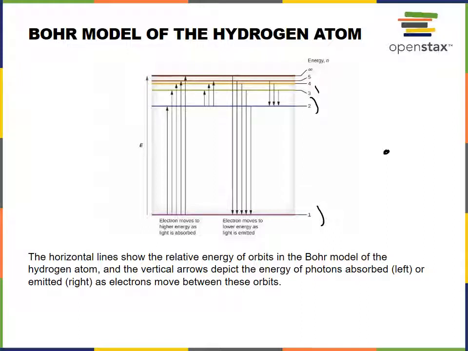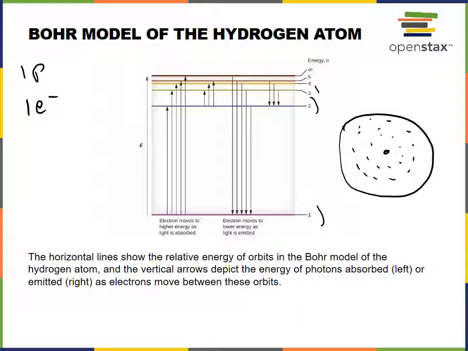We can imagine it as the nucleus, this is the first orbit, the second orbit might be out here somewhere, and then the third after that. The electron can exist in any one of these, because this, again, is hydrogen. It's got one proton and one electron, and this electron, unlike our planets, can bounce in between these orbits.